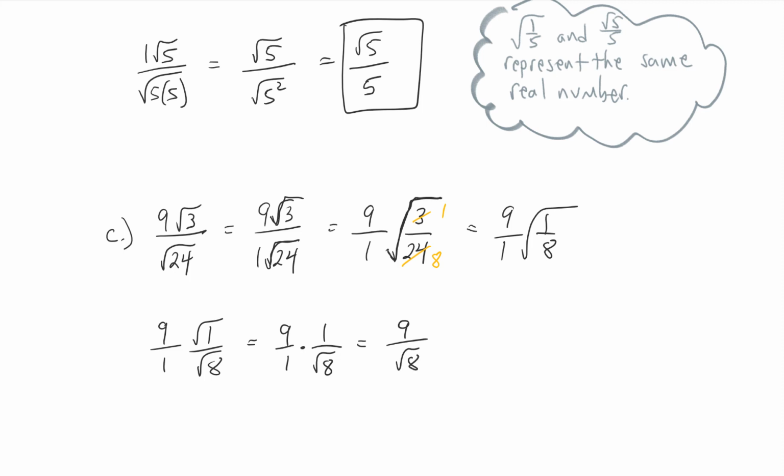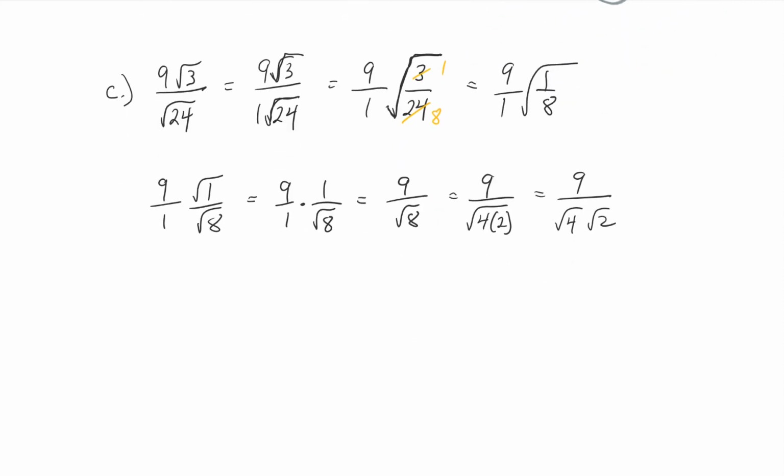And what we practiced earlier was how to simplify a radical or a square root. So the square root of 8, we can simplify that. That would be 4 times 2. So that'd be principal square root of 4 times principal square root of 2. And the principal square root of 4 is 2. So now the bottom is simplified.